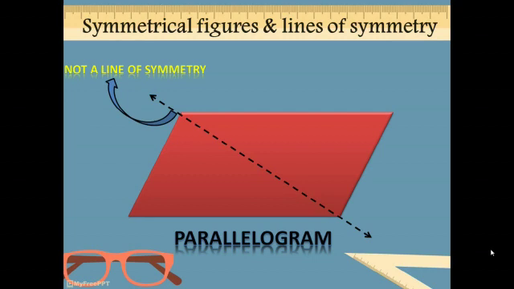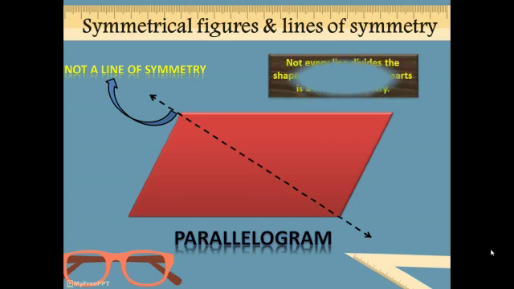And we say that if there is a line which divides a figure into two congruent parts, it's not a must to be a line of symmetry of this figure. Again, not every line that divides the shape into two congruent parts is a line of symmetry.